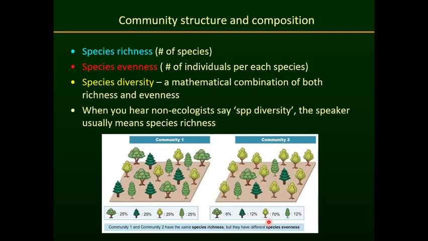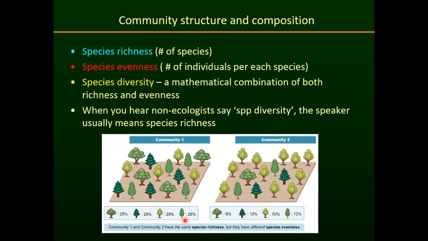Meanwhile, on the other end of the continuum, this tree here, which to me looks like an oak tree, is only 6% in the community. Those are some big differences, and this is actually more common than what you see at the left, just FYI. But this is showing that this community has a very low level of species evenness. Over here, we have a high level of species evenness because the organisms are distributed evenly across species. Okay, so that's what species evenness means.